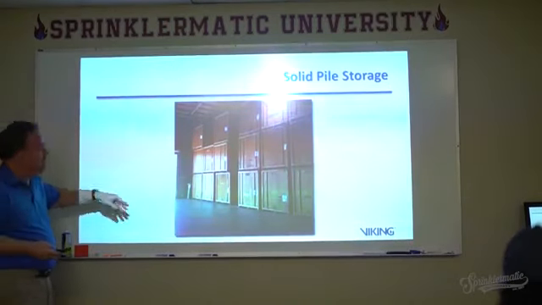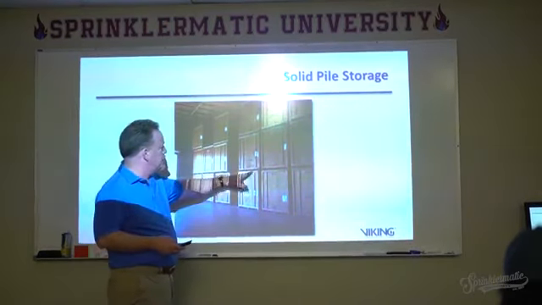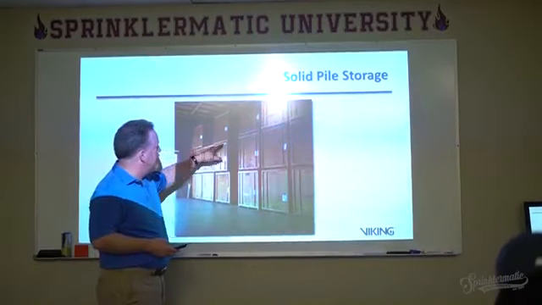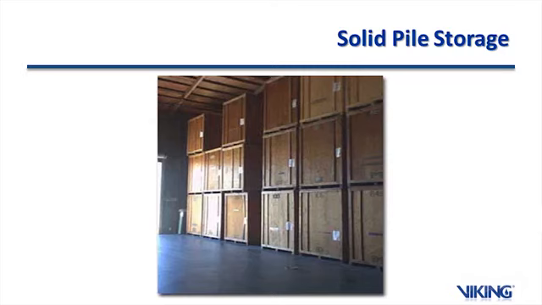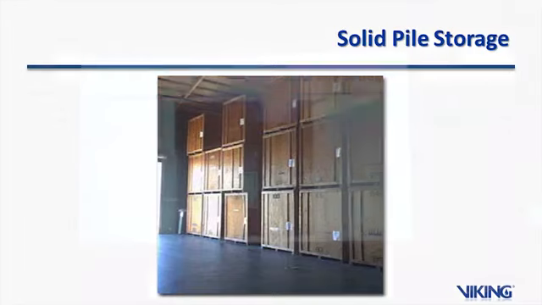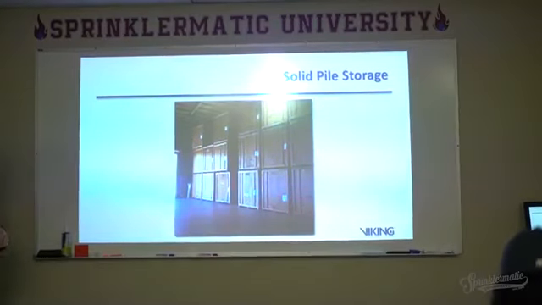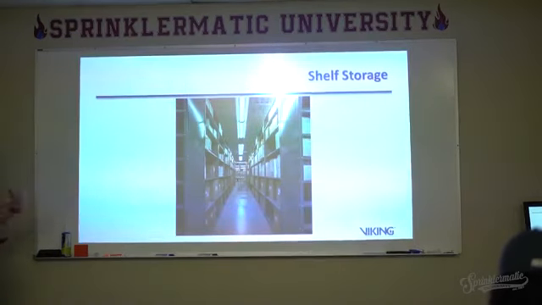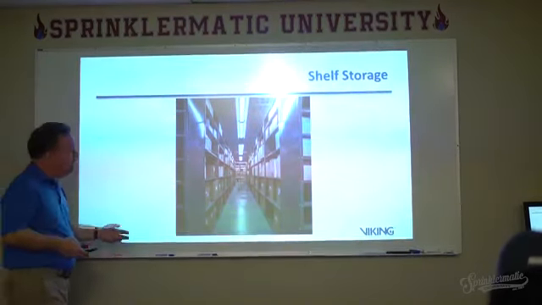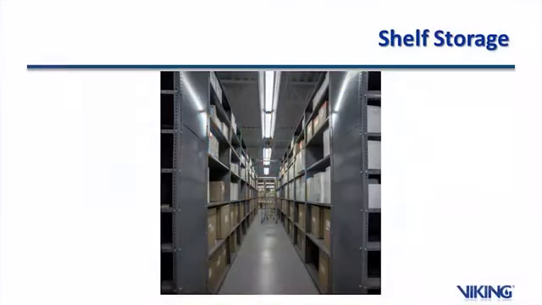Okay? Solid pile storage, again, this sort of looks like the same thing with the pallet load, but these are all just crates, and again, very closed off in the array of the pile, very tight together, not a lot of oxygen, air being able to move around there. Is it on shelves? So now we may have less density in this space.